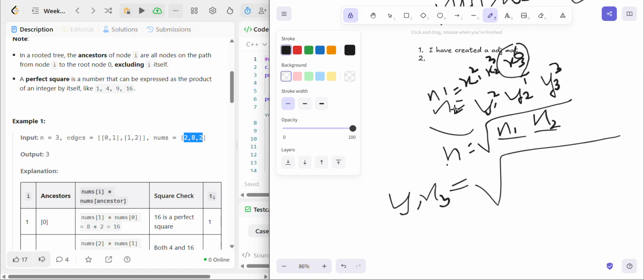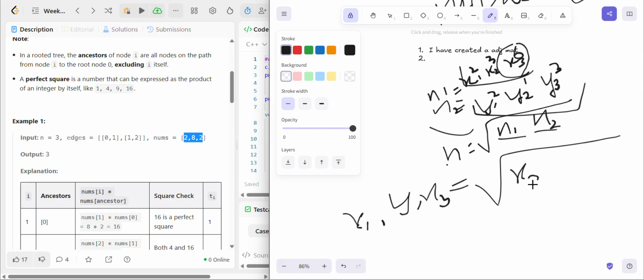If we put n1 and n2 together, the square terms will go out, and x1 will also go out. The remaining are x2 power 3 and y3 power 3.